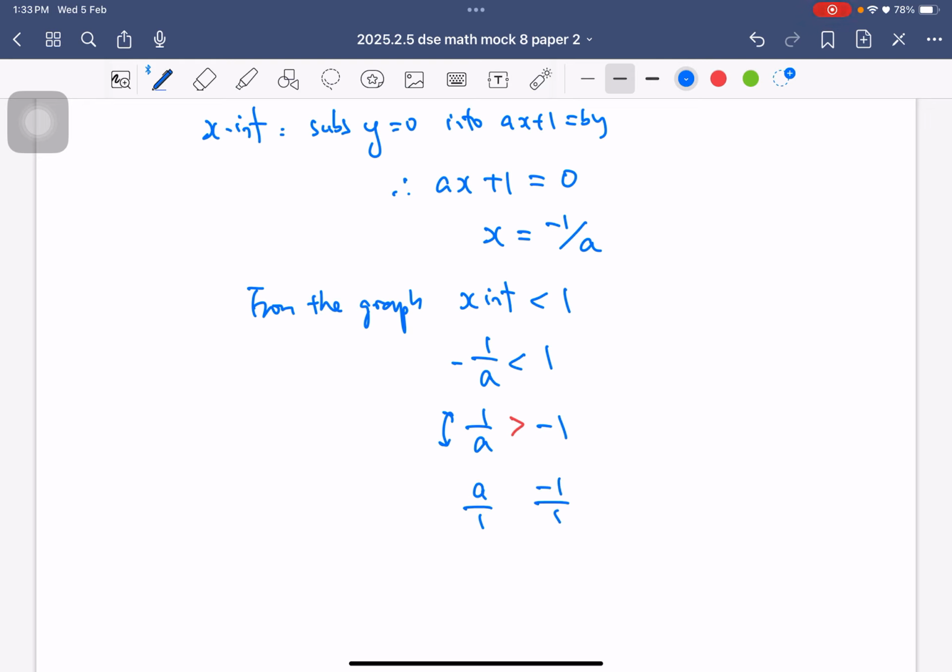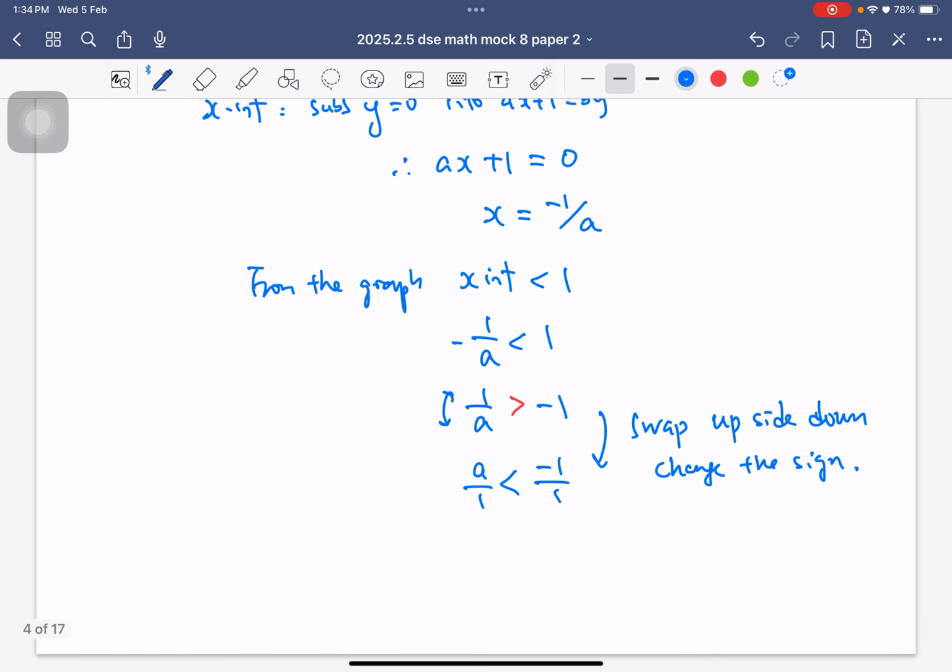The sign should be bigger or smaller when you swap upside down? You need to change the sign. Okay? So we have a is smaller than negative 1.